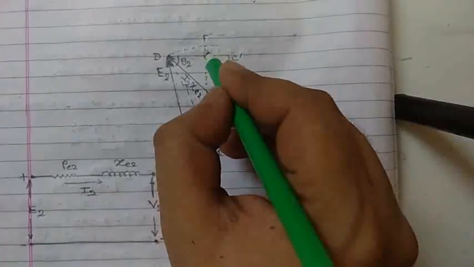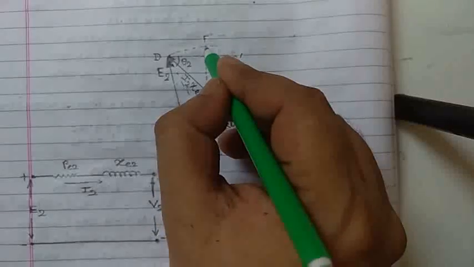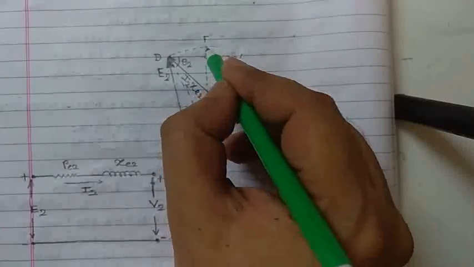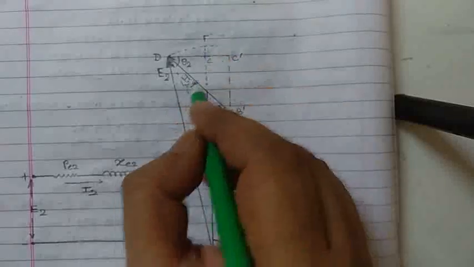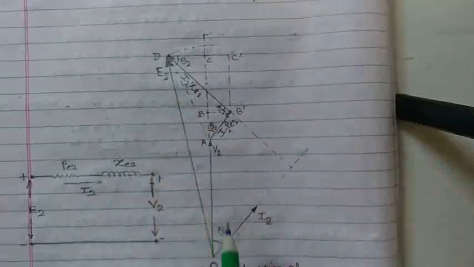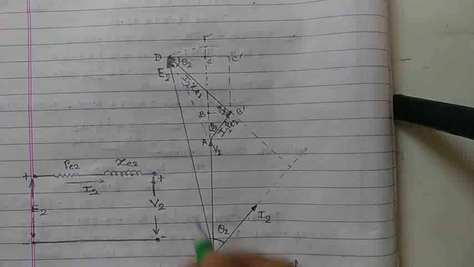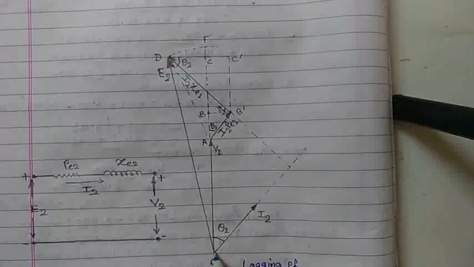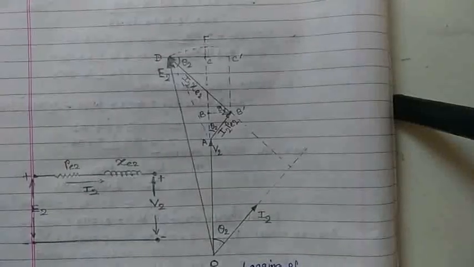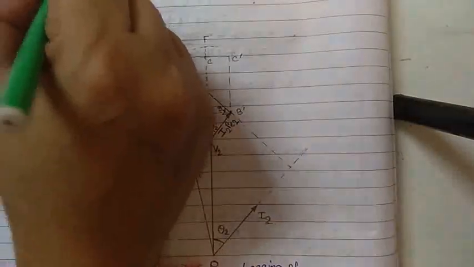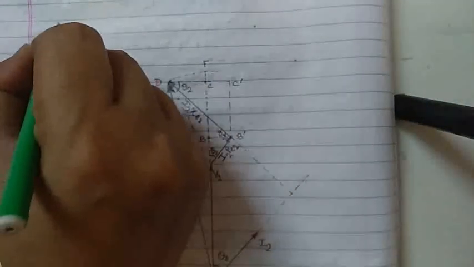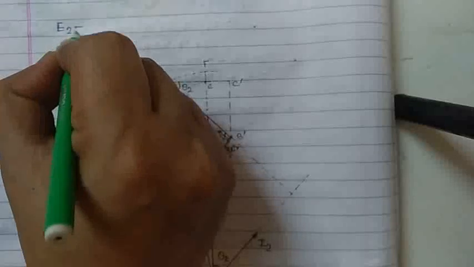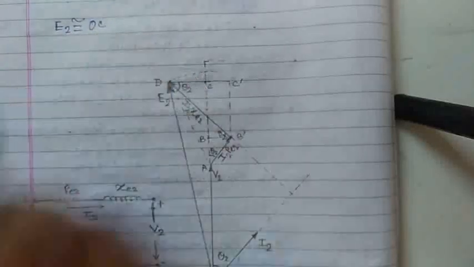Now neglecting the FC value, as it is very small, OD, that is E2, is almost equal to OC. Okay, so E2 is almost equal to OC.